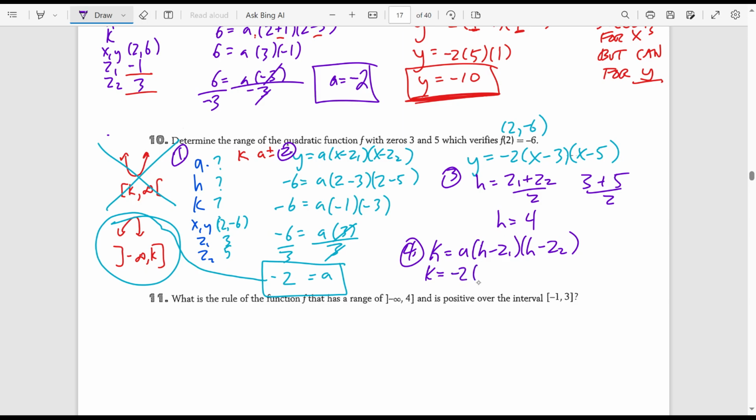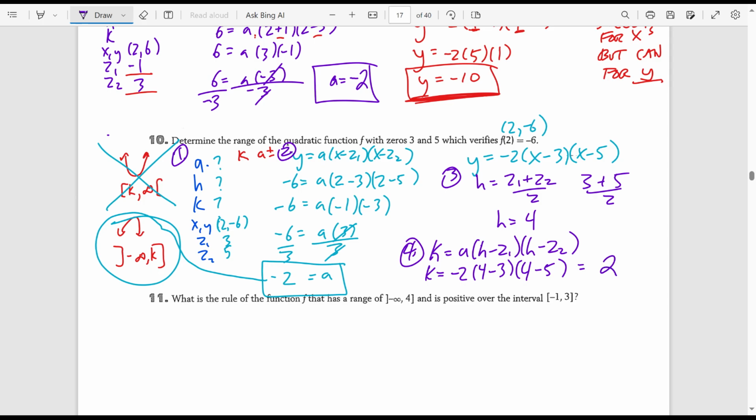Negative 2 was my a, my h was 4, minus 3, 4 minus 5. So 4 minus 3 is 1, 4 minus 5 is negative 1. So it'll be negative 2 times 1 times negative 1, which gives me a positive 2.